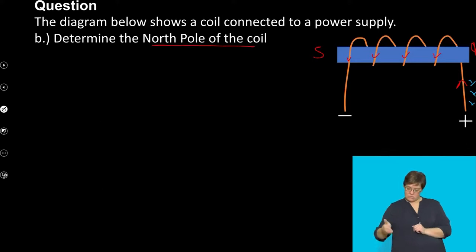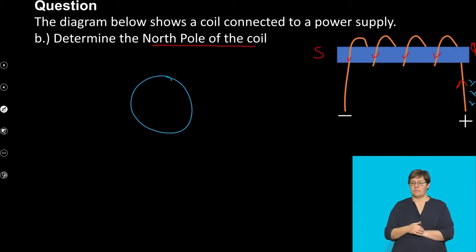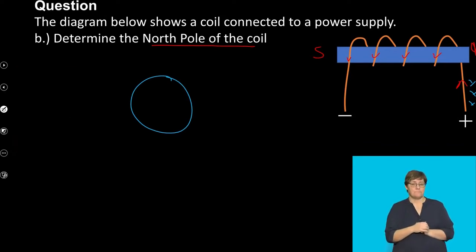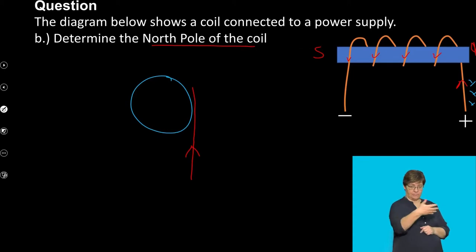So if I were to look at that end of that coil, I'm just looking at the other view, and I recognize that the wire was going up over there, the direction of the current was going up, and I've already said when it's going up over there like that, the magnetic field lines are going into the board on this side, and they'd be coming out on this side.